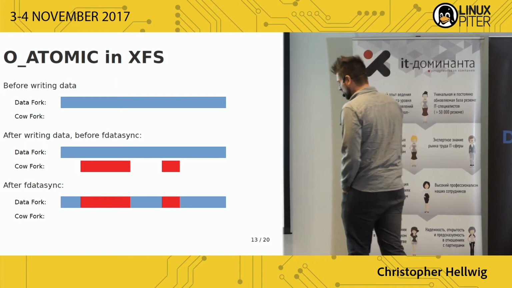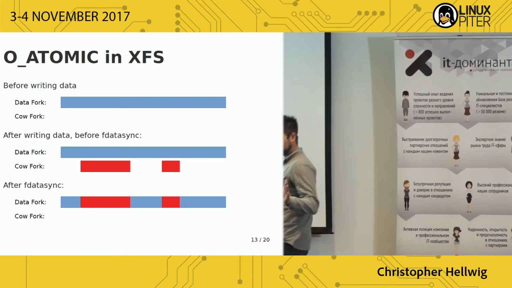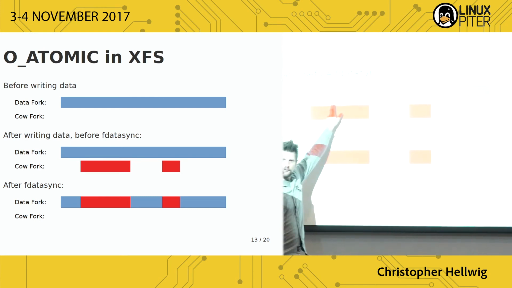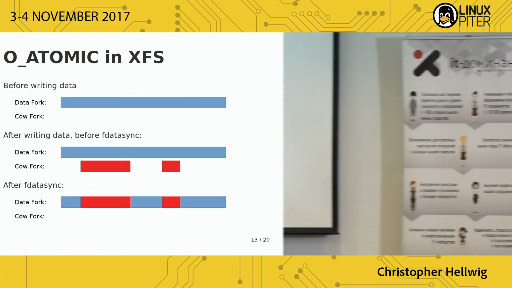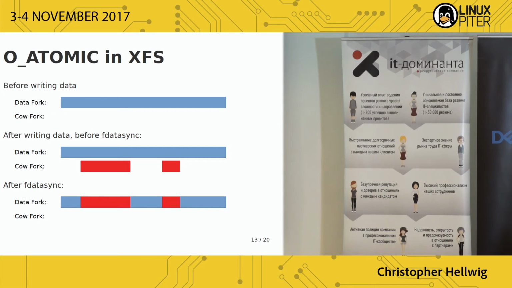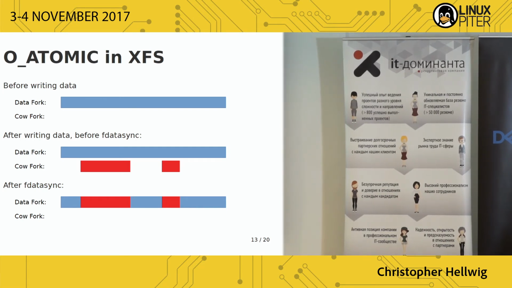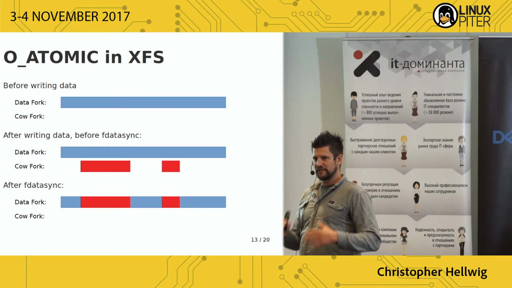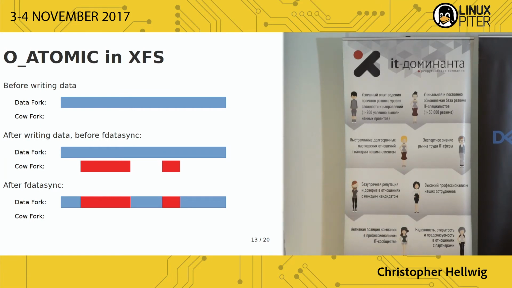If, instead of a file, this is your NVMe namespace, your block device, and you want to update this range, say blocks 250 to 255, the NVMe controller will take the write, write it to some other physical space than where this is, and by the time the write completes, switch it over. So it basically does the same, not exactly, but very similar underneath.